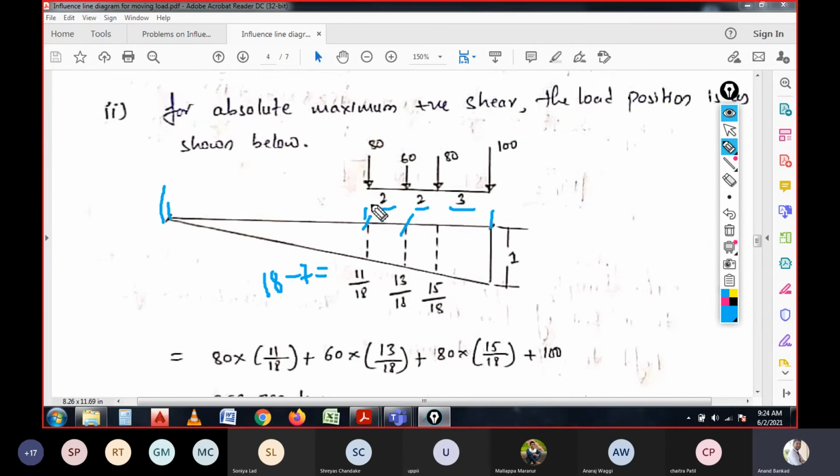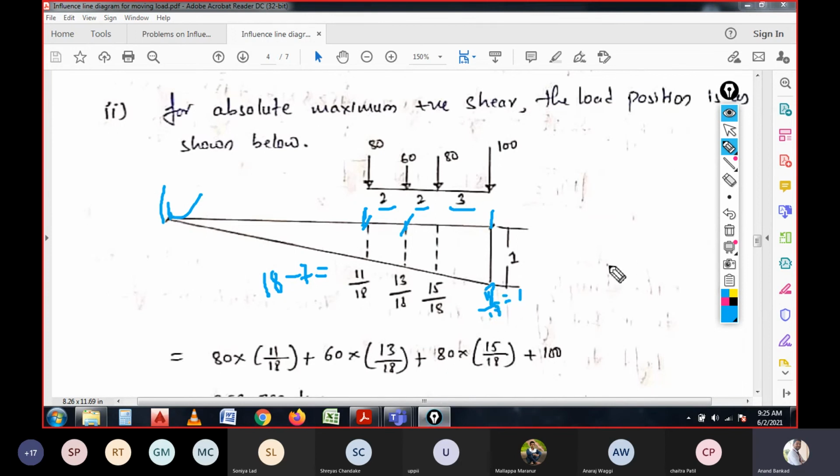In this 18, if you deduct this 7, from here it will be 11 meters. And from this support to here, it will be 11 plus 2 will be 13. Again 13 plus 2 will be 15, and 15 plus 3 will be 18 over here. 18 by 18 will be 1.